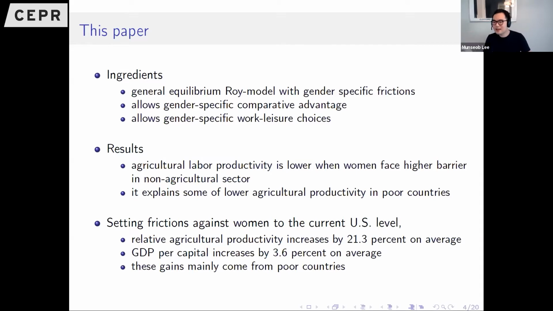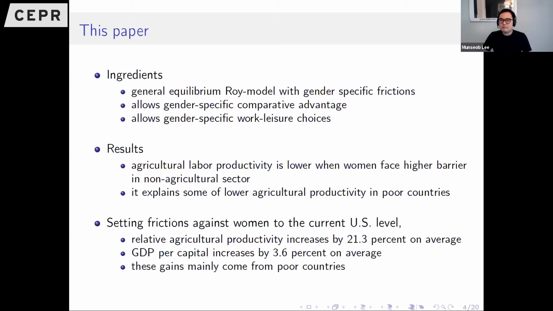If you believe that women face higher friction or barriers in the non-agricultural sector, then only very talented female workers are going to enter the non-agricultural sector. So there will be a sectoral productivity gap, especially in countries with higher barriers against women.